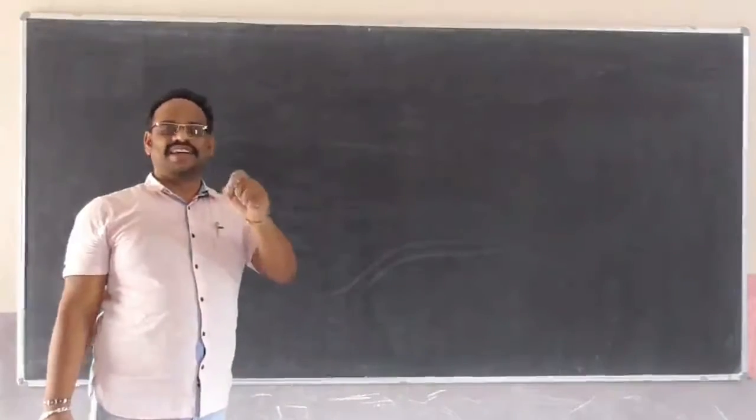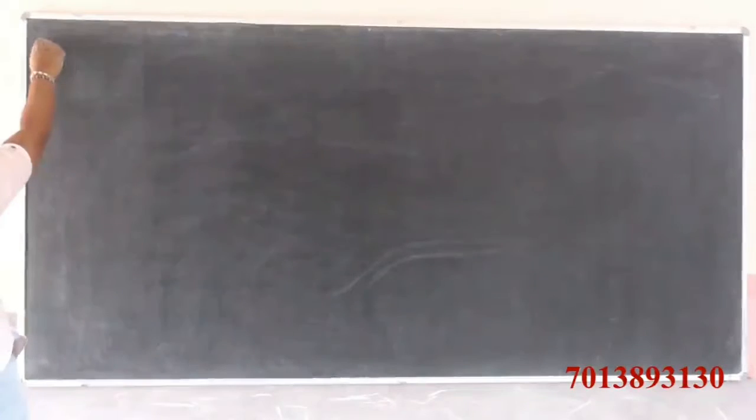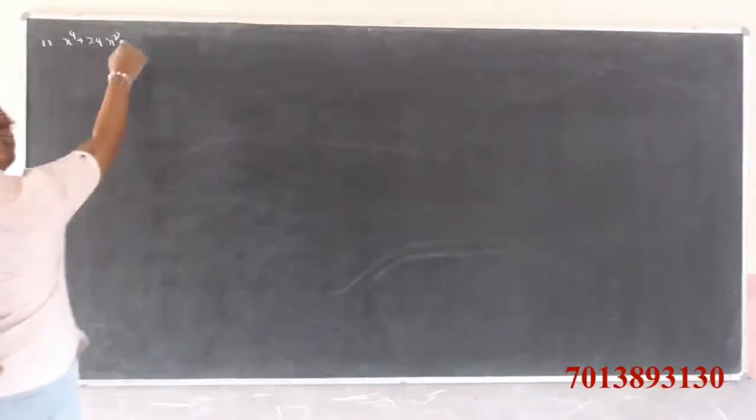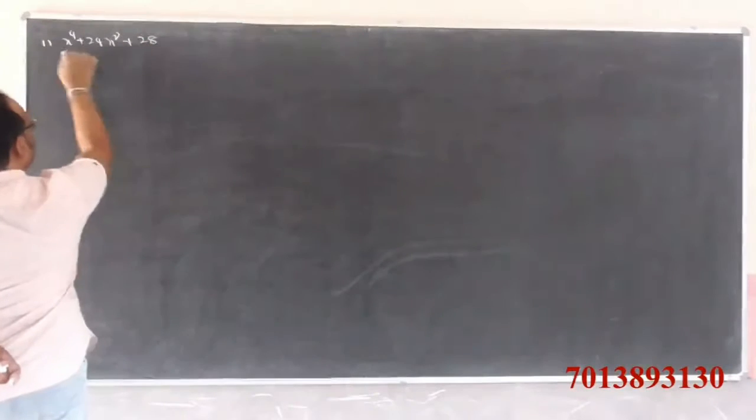Yes, let us discuss one example, example 1. Take any example, that is x to the power 4 plus 24x square plus 28, by a denominator that contains irreducible repeated quadratic factors.